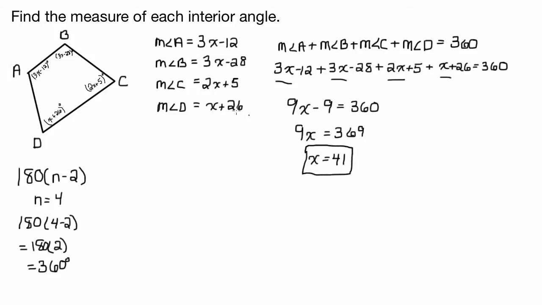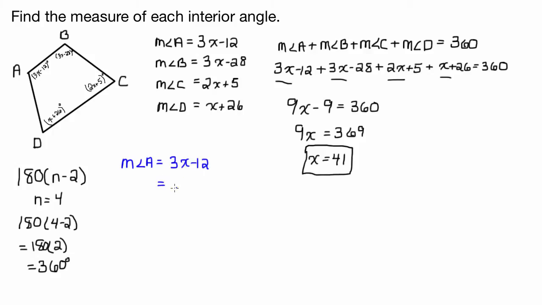Now, once you know what x is, you can easily solve for the measures of the angles. Let's see, if I do it in another color here. The measure of angle A is 3x minus 12.